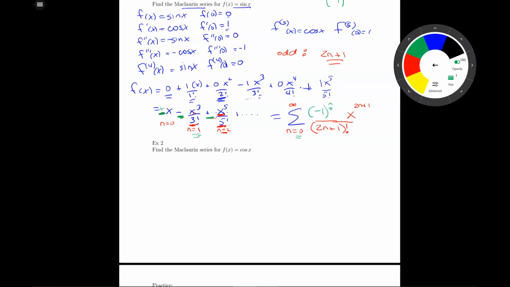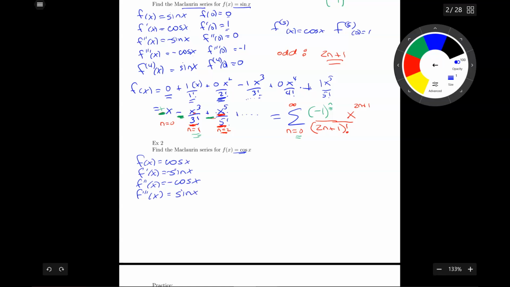All right, so let's do the same thing for cosine of x right now. So cosine of x is very similar. Cosine of x, let's go find our 4 derivatives. Second derivative gives me negative cosine. Third derivative gives me sine.